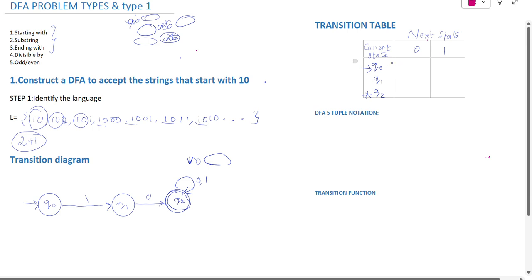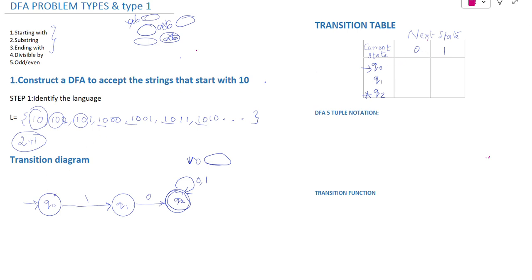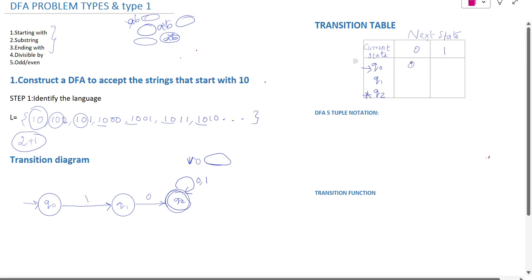Q0 on receiving 0 has no transition, so give it as null. Q0 on receiving 1 moves to Q1, and Q1 on receiving 0 moves to Q2. There is no transition for Q1 on receiving 1, so it is null. Q2 on receiving 0 moves to Q2 itself, and Q2 on receiving 1 moves to Q2 itself. This completes the transition table.